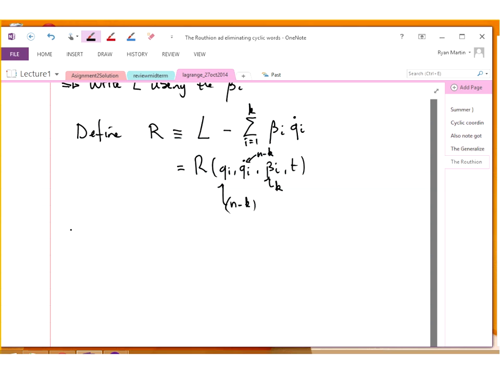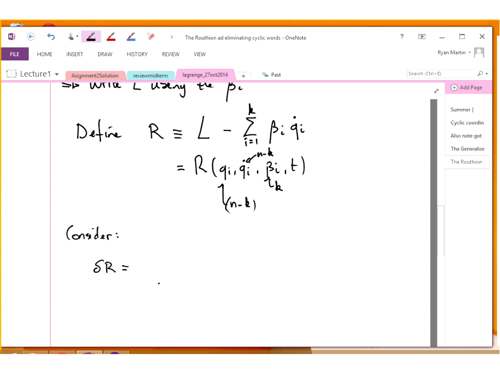So consider now the variation of R. R is a function that depends on the qi dots, the beta i's, and t. If we take the variation, using the chain rule, we have to take the variation over all the different variables.